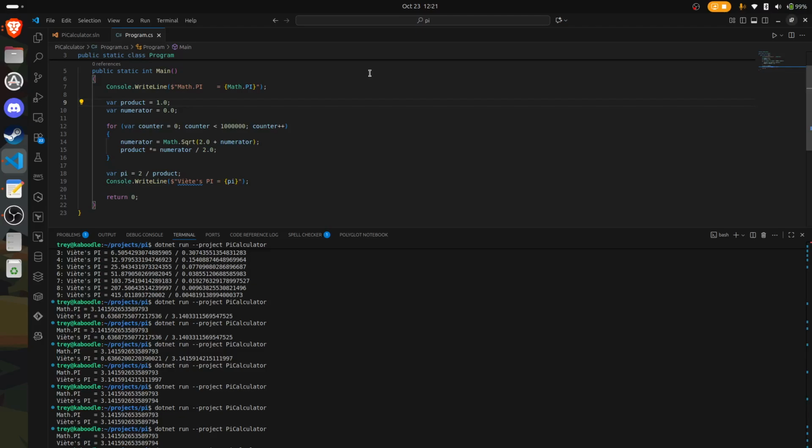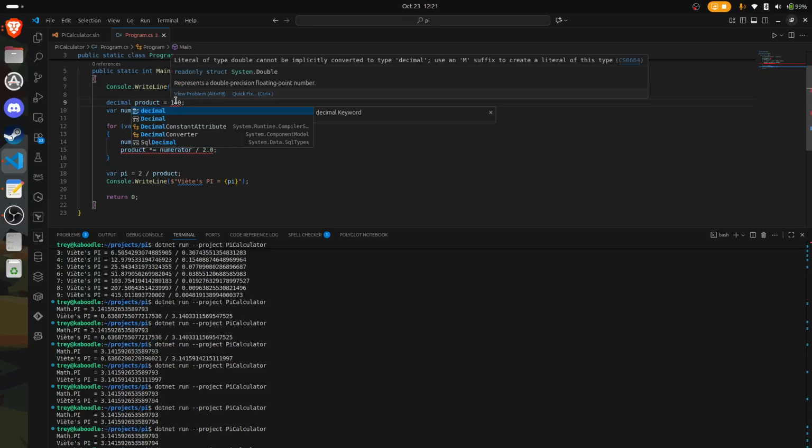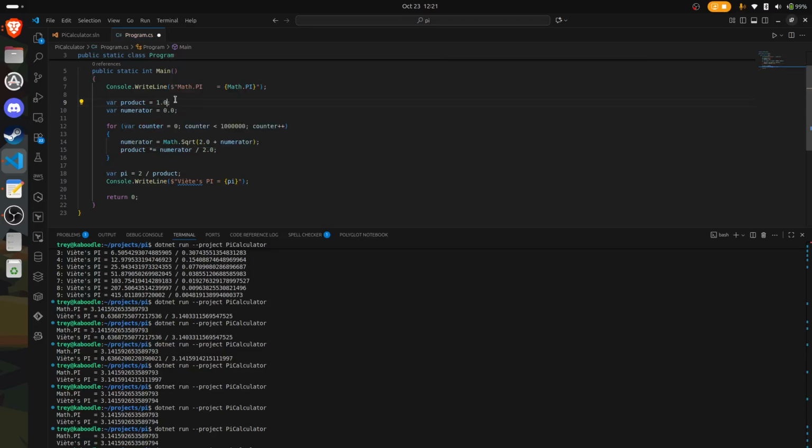How do we represent a decimal? This is something that we can do because we're actually calculating pi ourselves. Right. That makes it a decimal, or a double. How do we make it a decimal? Well, we can always do this. Oh, M for money.